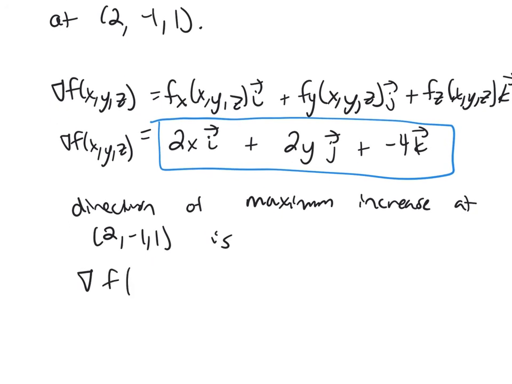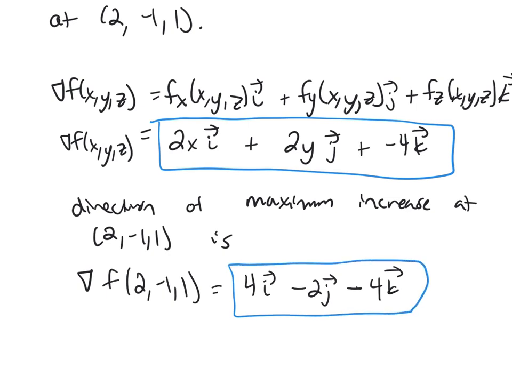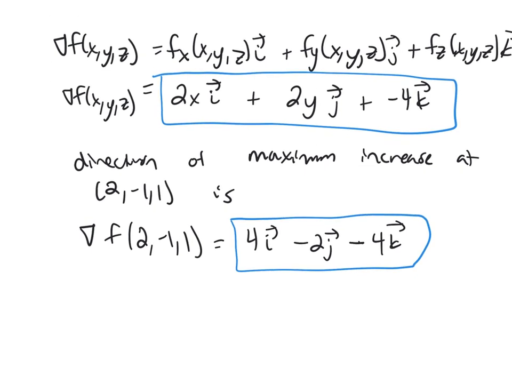You just need to plug in your point, (2, -1, 1), into your gradient. So you'll get 4i minus 2j minus 4k. And that is going to be your direction of maximum increase at that point.